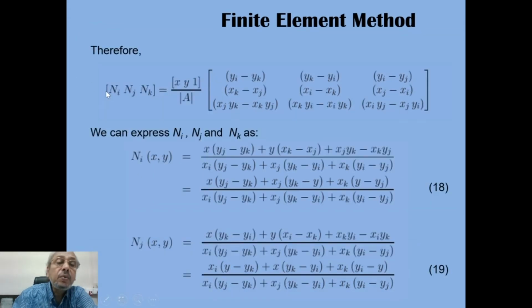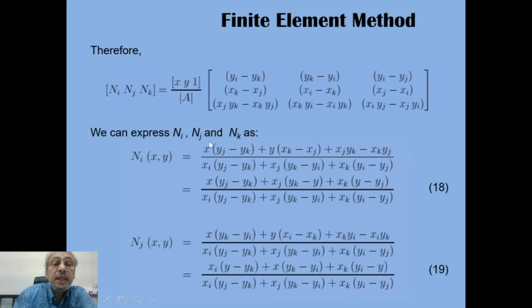and then we find out Ni, Nj, Nk, which is xy1, which is a row matrix, only single row, multiplied by this matrix which has been formed through getting the transpose of the cofactors of the matrix and divided by the determinant.